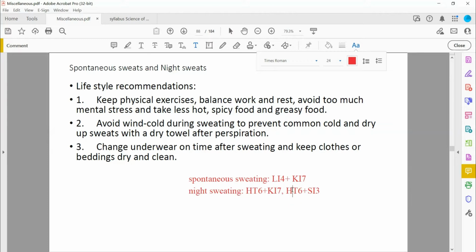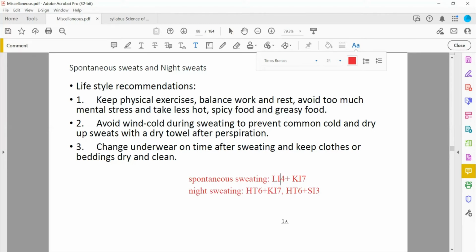Why use heart points? Because the body fluid of the heart is sweat, right? Especially for the night sweat, we use heart 6. LI4, this one is good for the exterior syndromes, right?